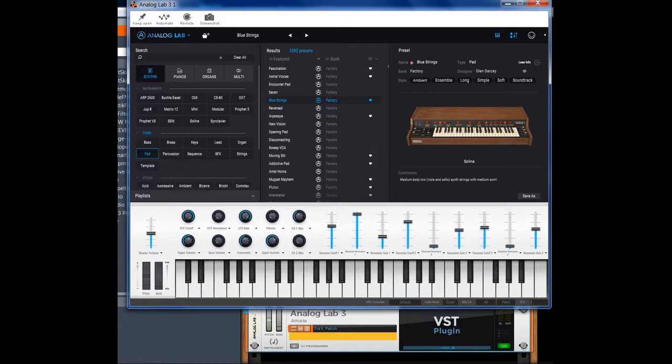But Analog 3, the sounds are really, really great in it, and you gotta have this in your arsenal, especially if you want to do 80s music, 90s, and still use it for the future, like 2020 and beyond. So check out Analog 3.